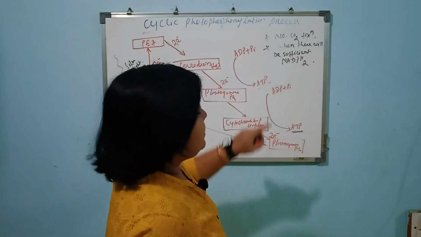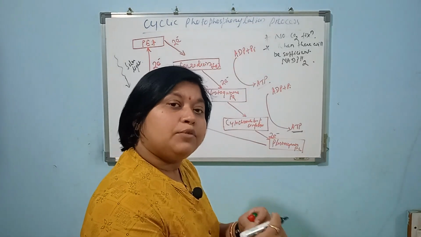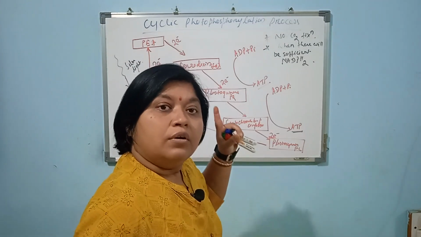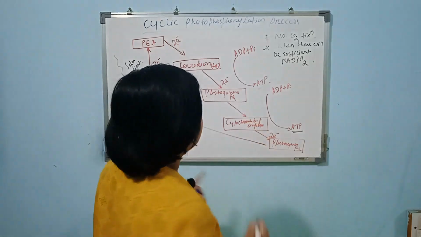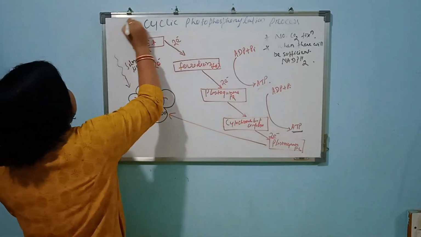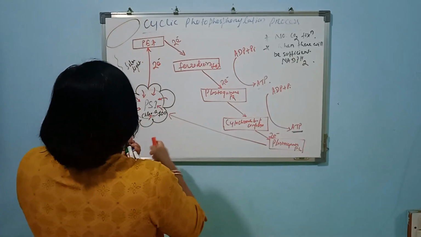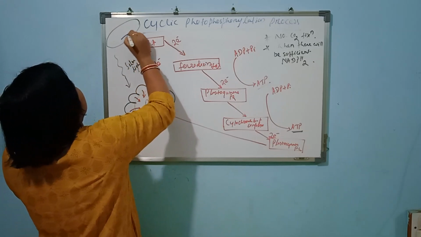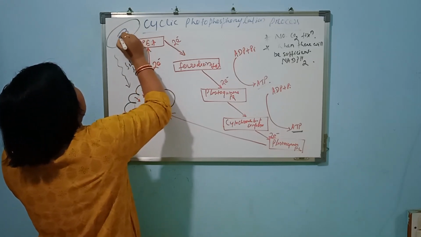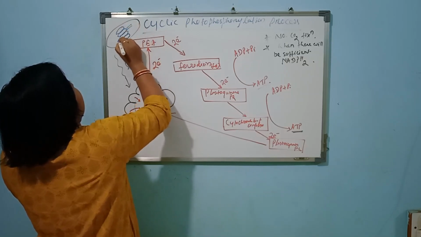this process occurs in the non-appressed part of the thylakoid membrane in the chloroplast. Suppose this one is a chloroplast and this part is the granal thylakoid, this part is the stroma membrane.